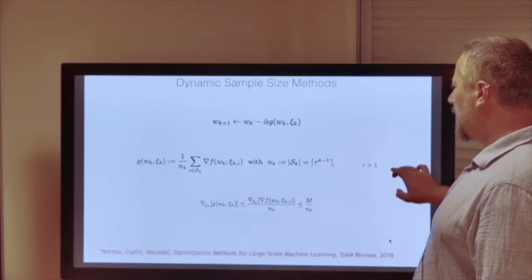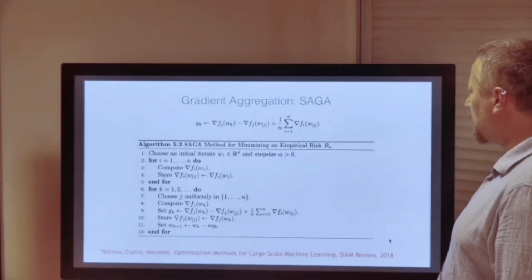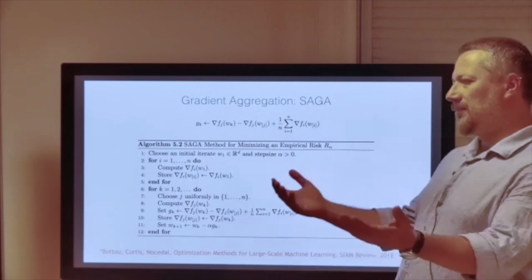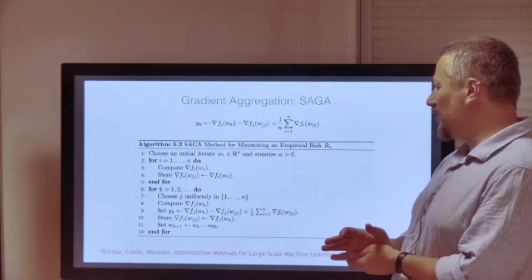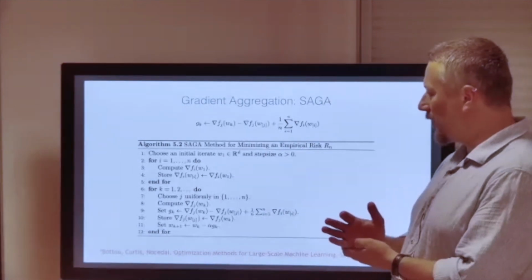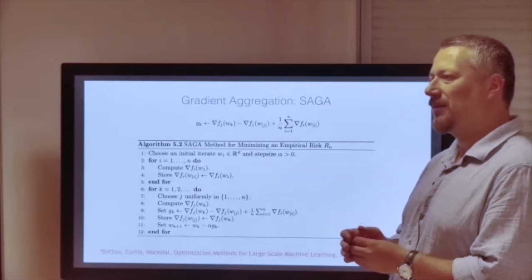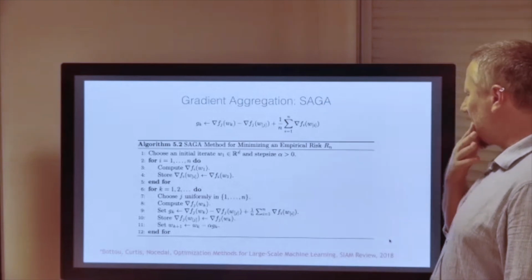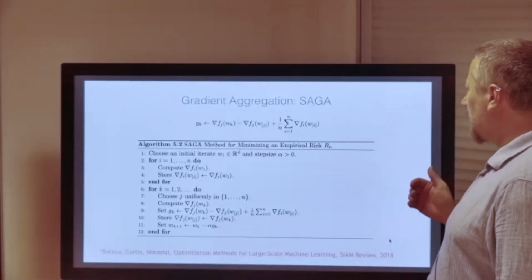There are also other ways to do that, called gradient aggregation. What you do is you do not increase the sample size every time, except in the beginning. You calculate the gradient once for each data point, but you keep storing them and updating your gradient with respect to those. Let's go over a method called SAGA.